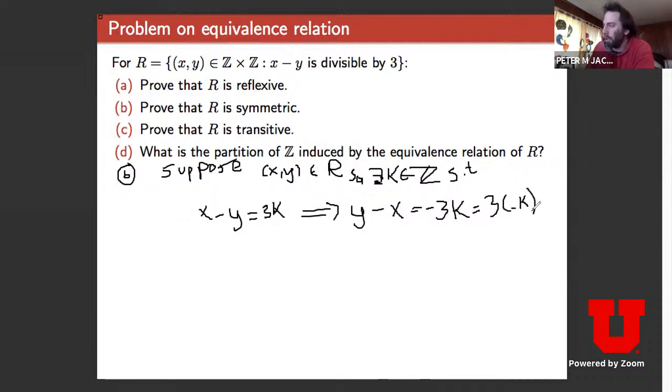And the integers are closed under multiplication, so negative k is an integer. And so y minus x is divisible by 3. So we conclude that yx is a member of R. So that's part B.